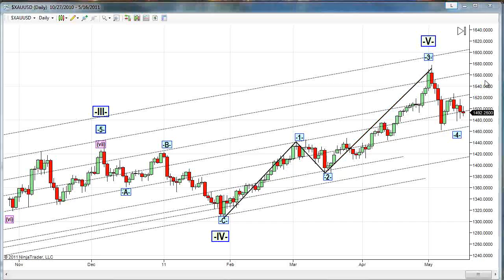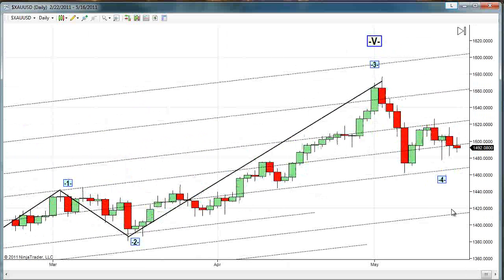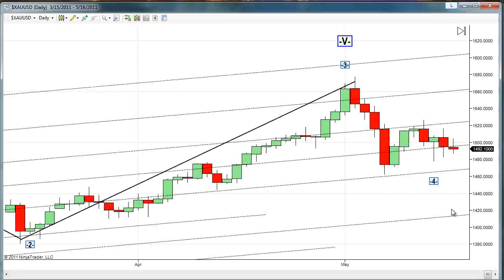However, what I noticed is that the compression that we're seeing in terms of the range itself, if I blow this up, we'll have an easier way of seeing it, is starting, at least on a tentative basis, to appear to me to be what is known as a triangle correction.